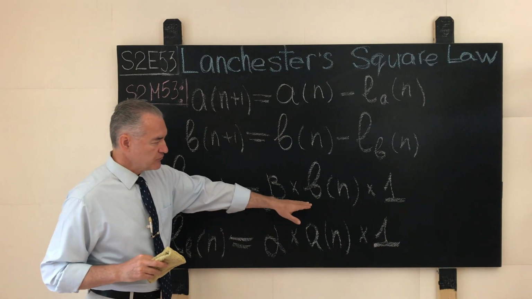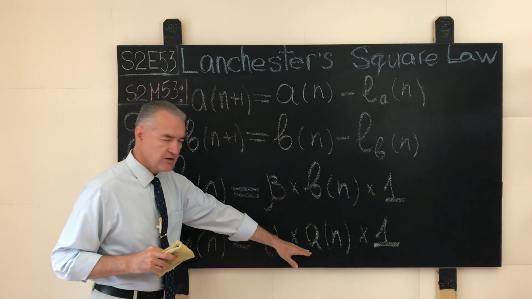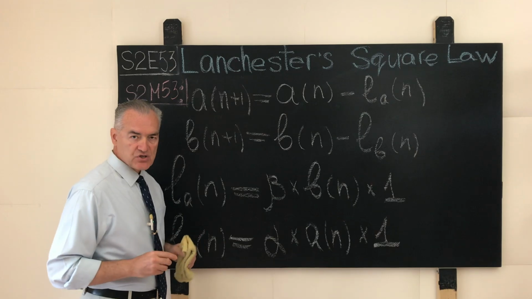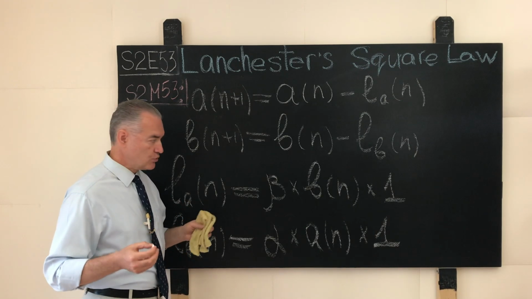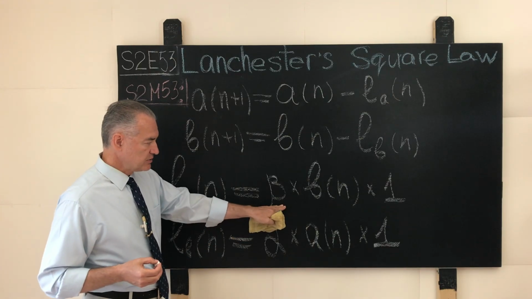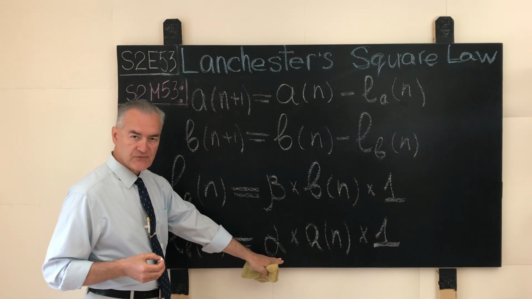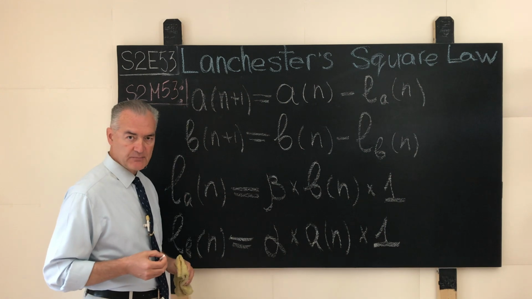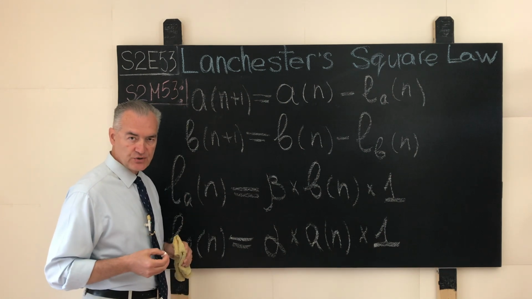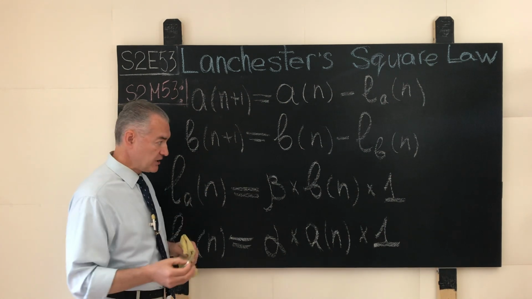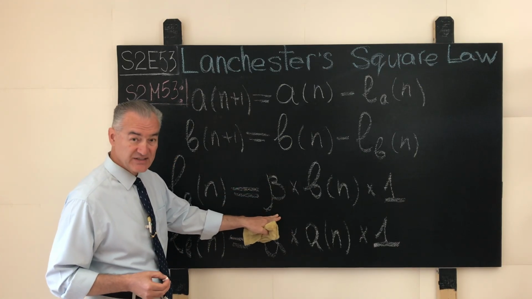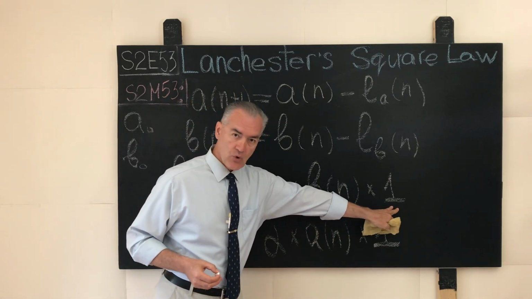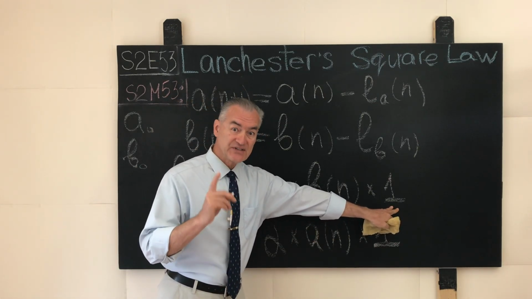Now let's say our functions b of n and a of n are measured in fighting units, or if you want, soldiers or people. The symbols beta and alpha stand for the lethal skill that is measured in which units of measurement? 1 over time. So we have 1 over time with the time in the denominator. Here 1 represents the unit of time.